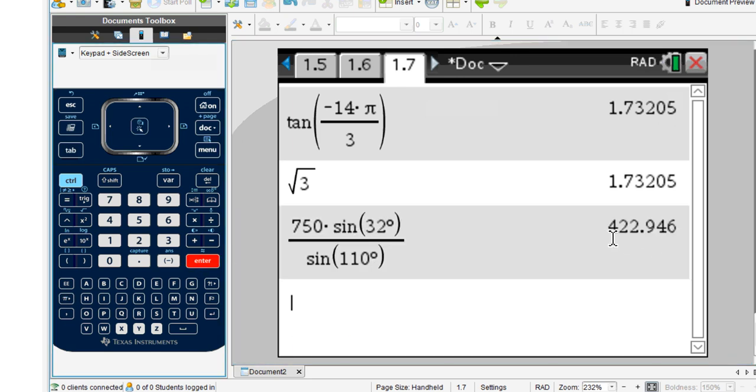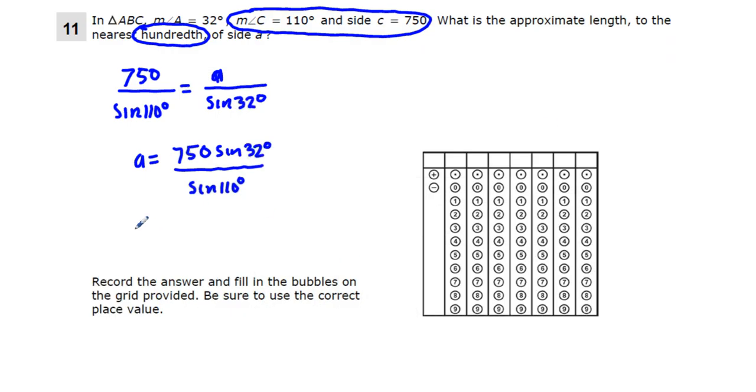Looks like the hundredths place, 422.946. That'll be 0.95. That's 6 thousandths, so we'll round up to the next 5. So we'll say 422.95.